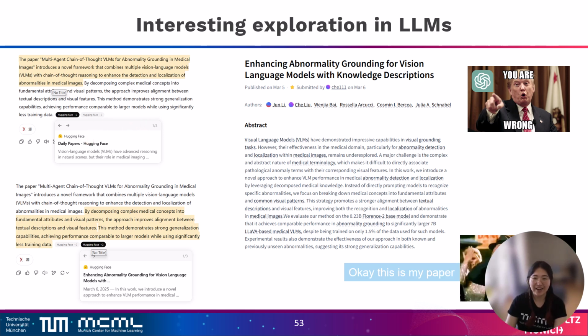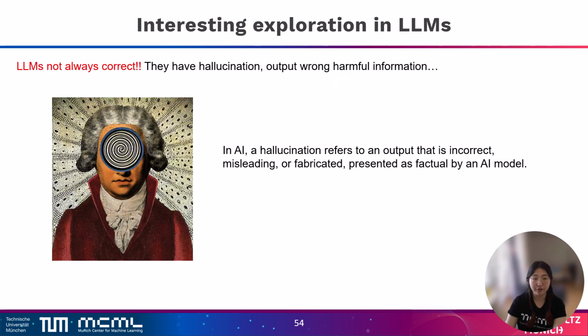So we can see that large language models can sometimes answer your questions with harmful information, like fake information. This kind of harmful and wrong output, we call hallucination. In AI, a hallucination refers to an output that is incorrect, misleading, harmful, and sometimes fake. So here, large language models are not always correct.